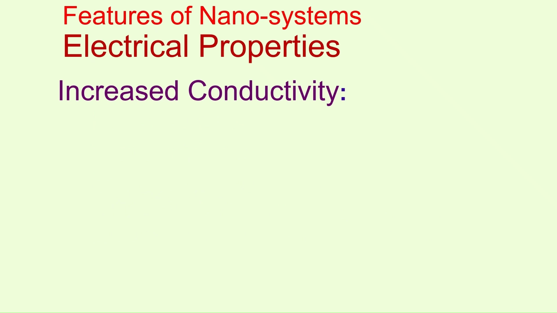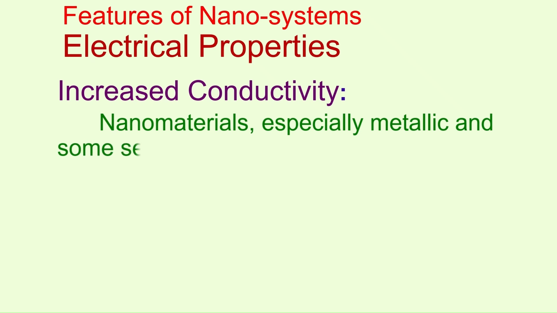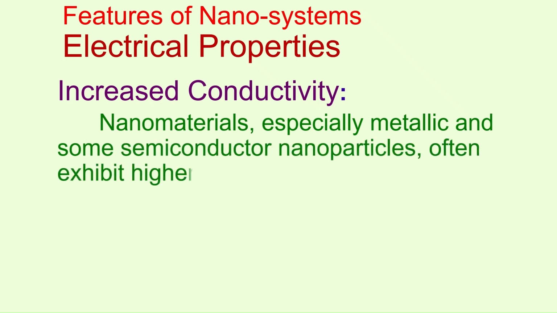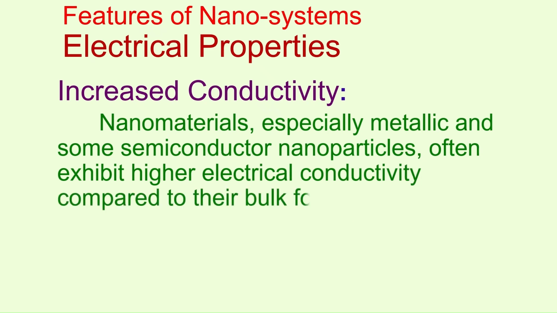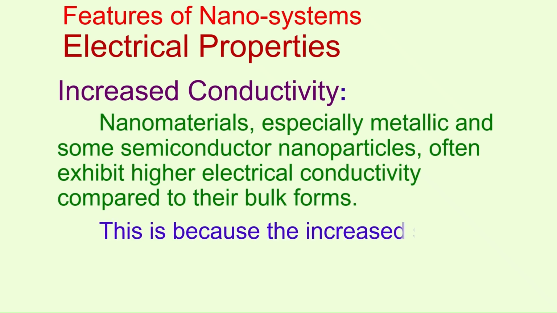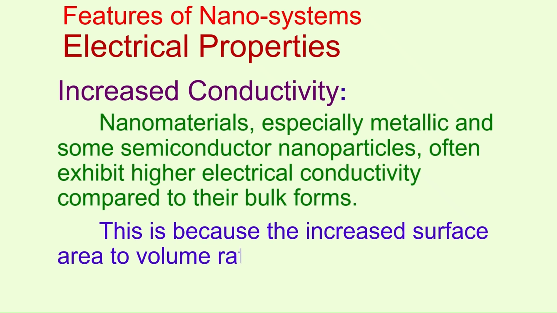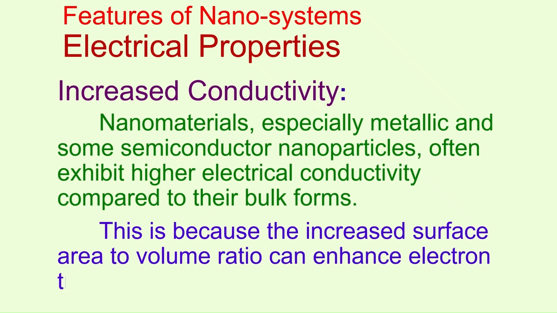Increased conductivity. Nanomaterials, especially metallic and some semiconductor nanoparticles, often exhibit higher electrical conductivity compared to their bulk forms. This is because the increased surface area to volume ratio can enhance electron transport.